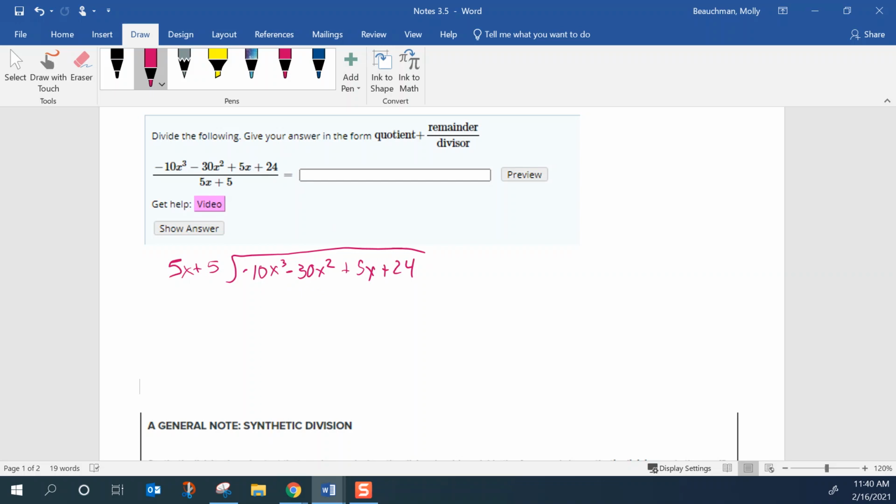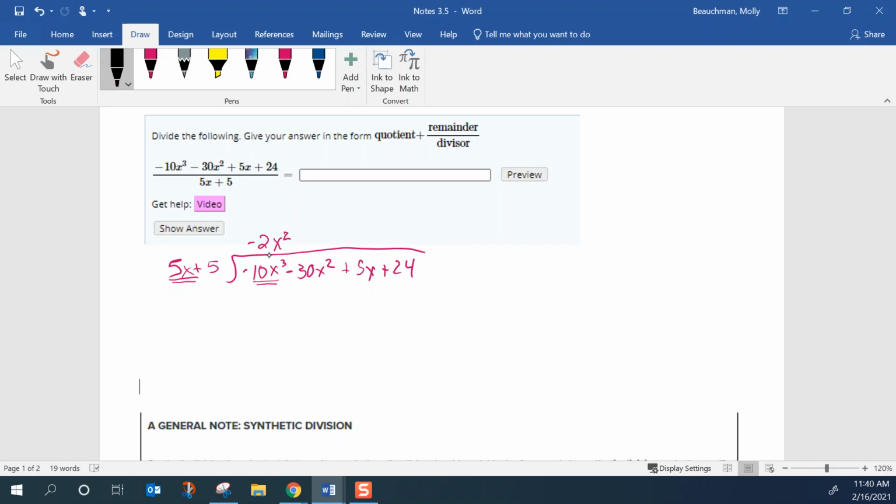So now we take a look at just the 5x and the negative 10x cubed and go 5x times what gives us negative 10x cubed. So 5 goes into 10 x times negative 2x squared. Negative 2x squared times 5x is negative 10x cubed.